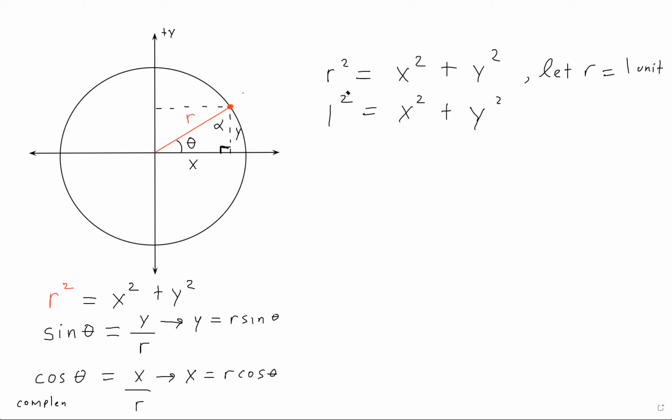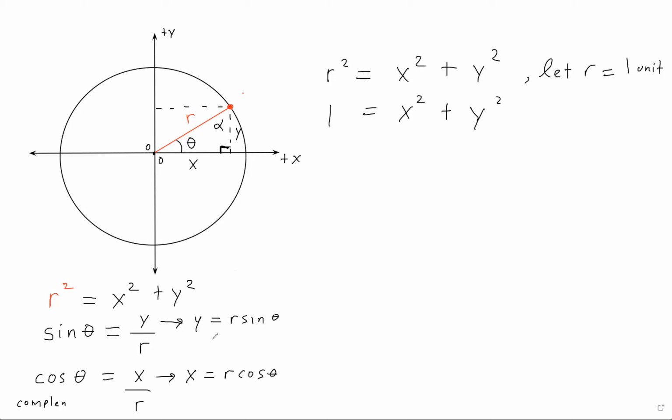So we don't have to put the square there. 1 squared is just 1, but I'm being very explicit. This is also the equation of a circle. If you go to a graphing calculator and type in this equation, it'll give you a circle at the center, because this is placed at the center of the XY reference frame.